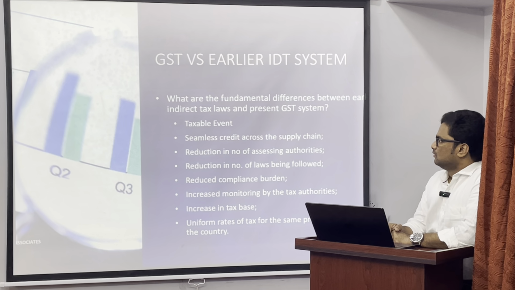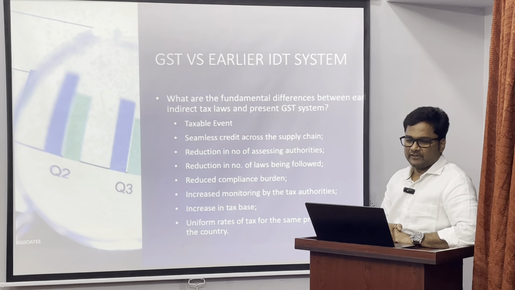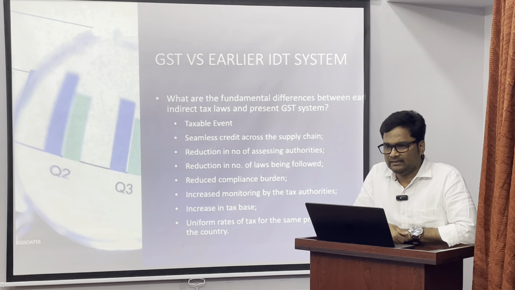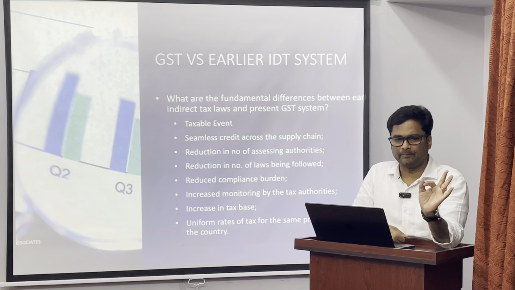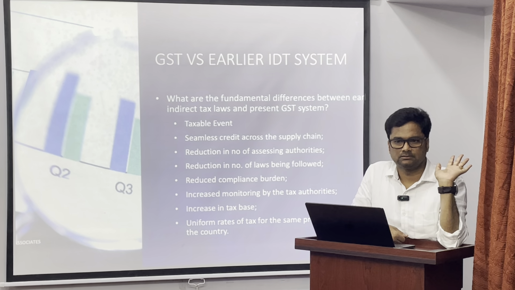Now, what are the fundamental differences? First of all, multiple taxable events have been avoided. Manufacturing, providing a service, interstate, intrastate, service, luxury tax, entertainment tax, entry tax, octroi. No. Now I will see whether there is a supply of goods or not.